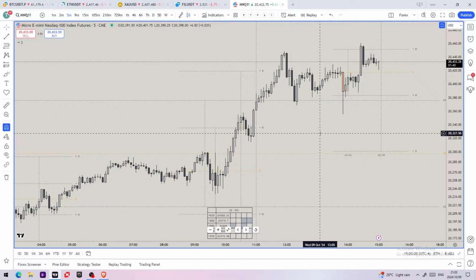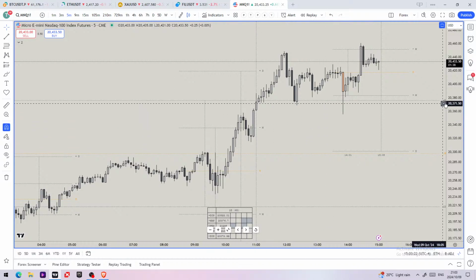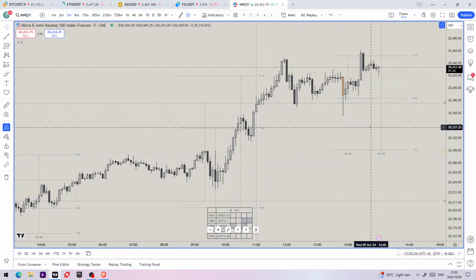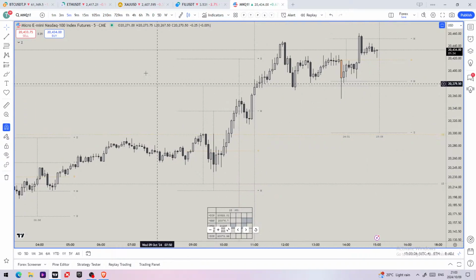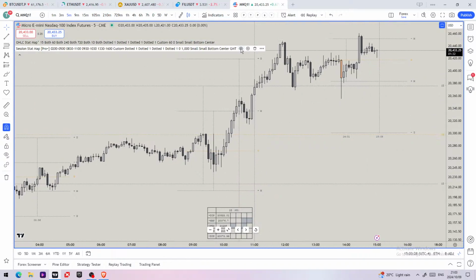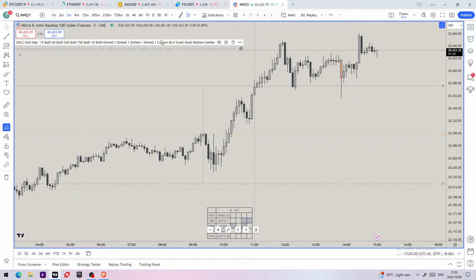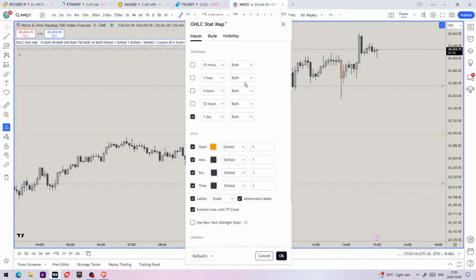Basically, what these indicators do, if you use, let's say, the open, high, low, close indicator right here, the open, high, low, close stat map, it gives you options to choose a specific time frame. Good evening, MD.